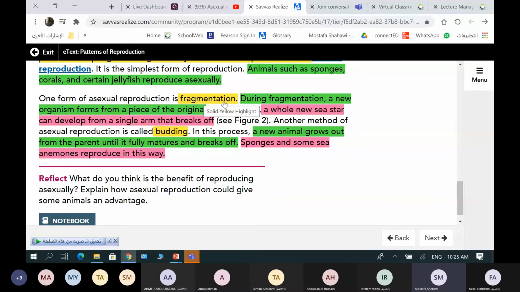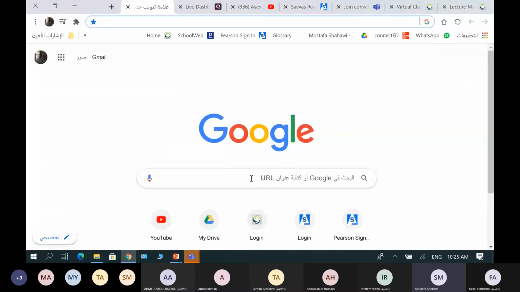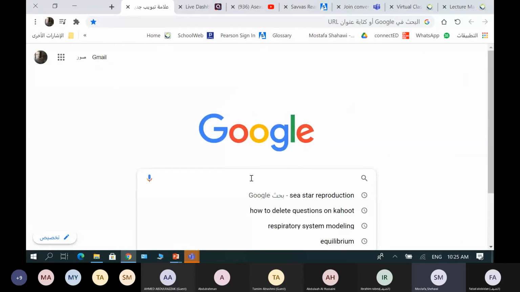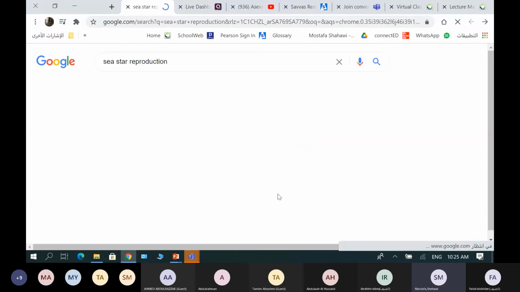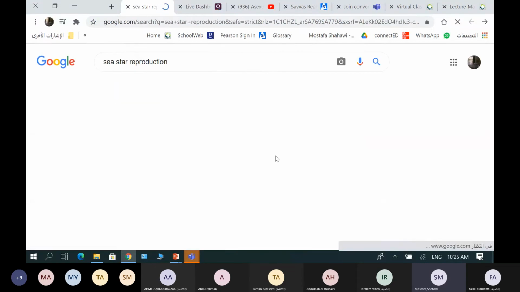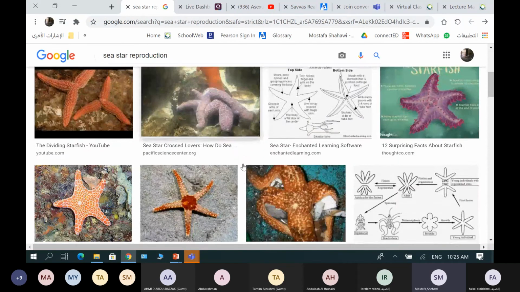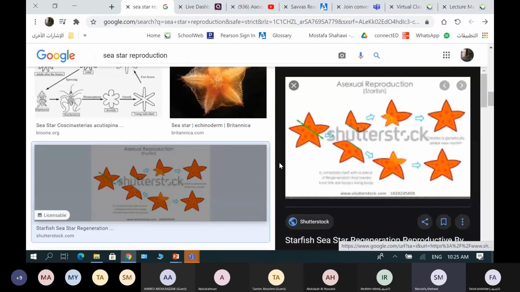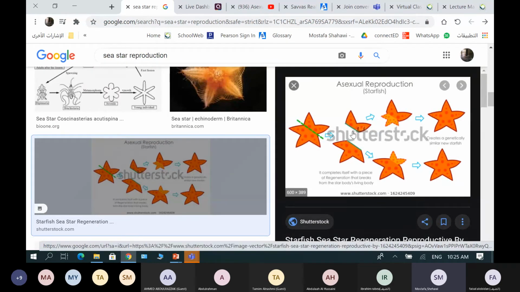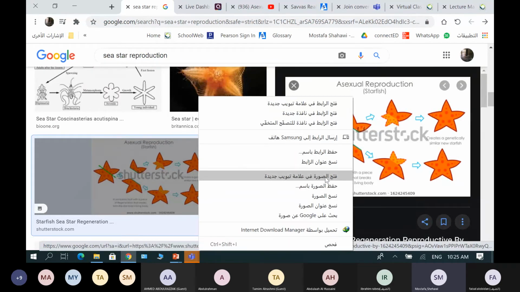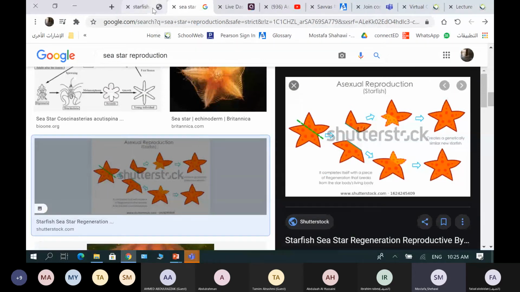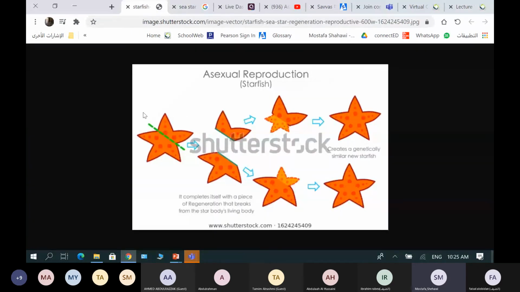Fragmentation, like sea star. Sea star, you know it by only one arm, it can reproduce and form a complete sea star. Let me show that to you. We have it here, sea star. If we cut this one, you see, this is a complete sea star.